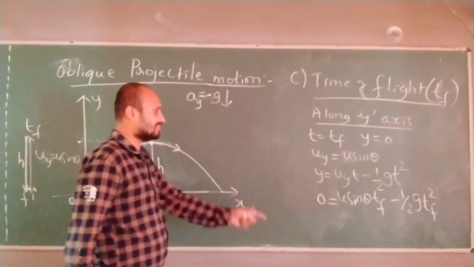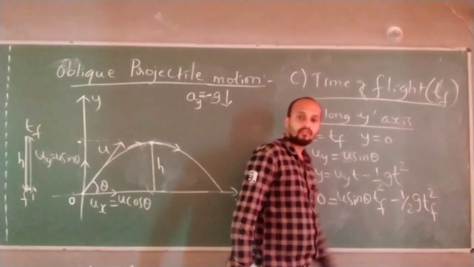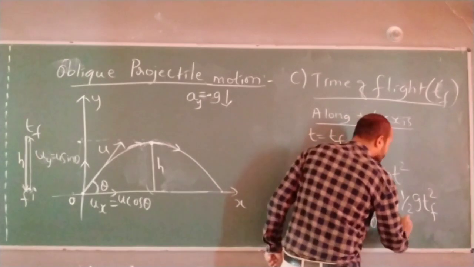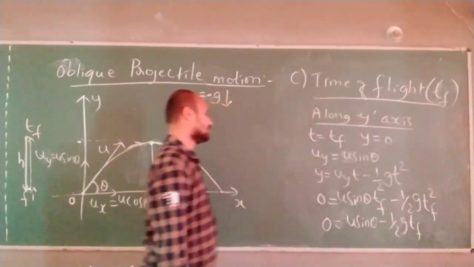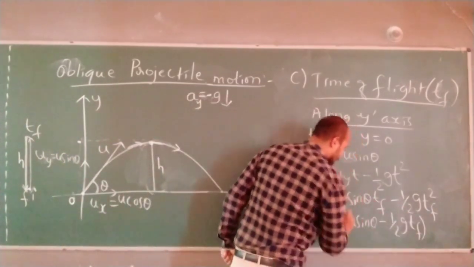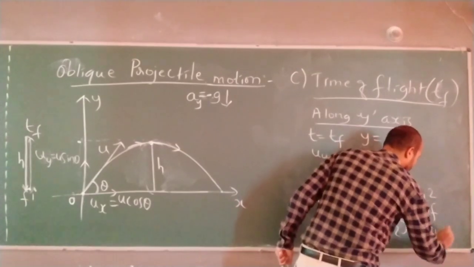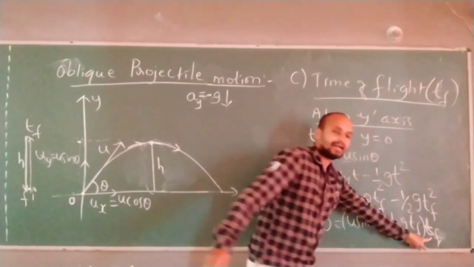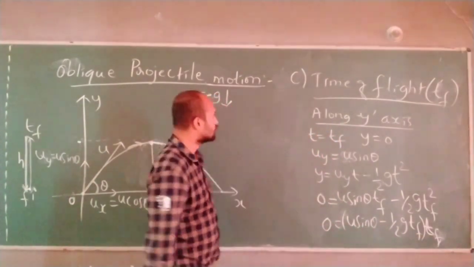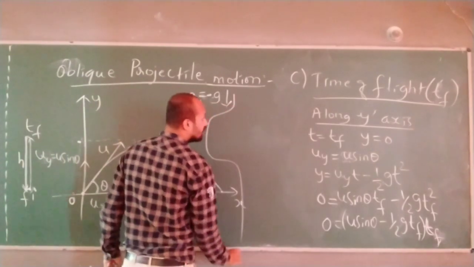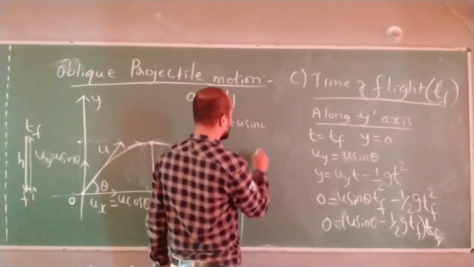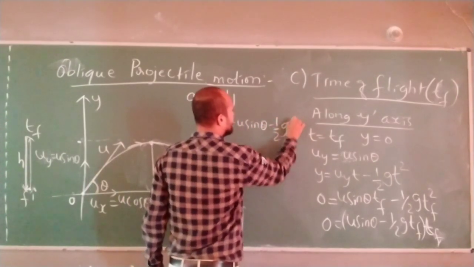Correct now? In this case, you can take tf common. If you take tf common, this is going to be u sin theta minus half g into tf. Are you understanding? I have taken tf common, let me write it for you. If I bring it towards the LHS side, it becomes 0, so this is going to be 0 is equal to u sin theta minus half g tf.